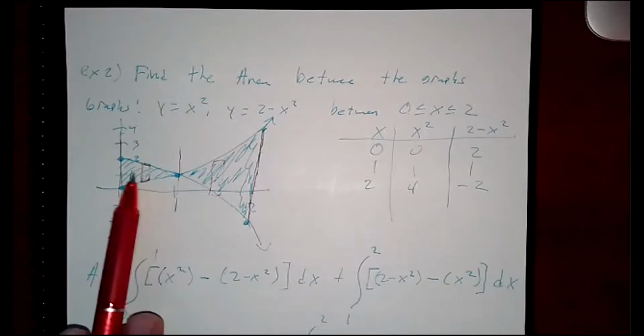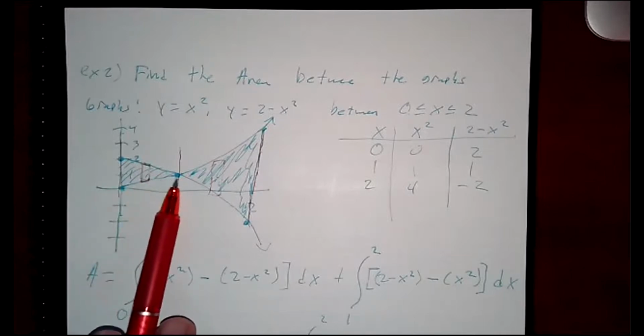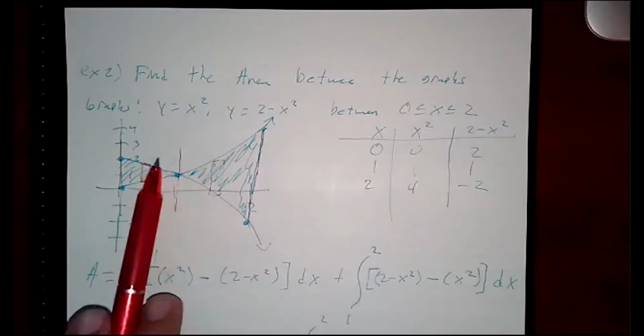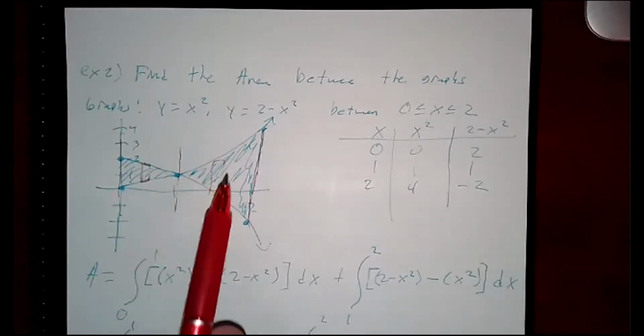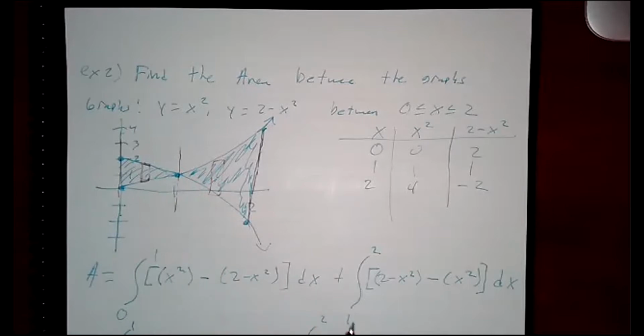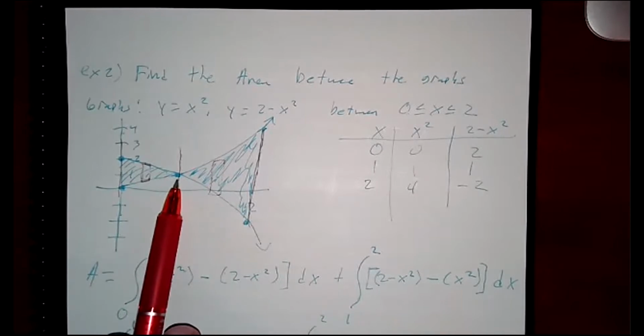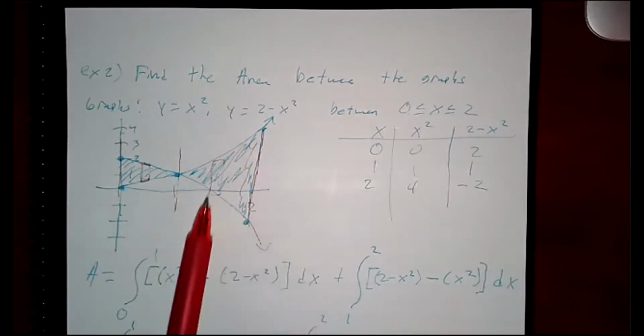This region changed after 1. You remember how you said the top and bottom are shifting? So after that, because it changed, I had to start over after 1 and choose the new top and bottom functions.